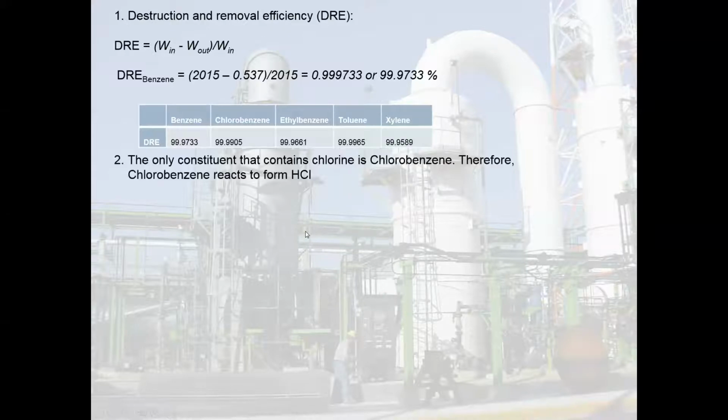Now, to determine how much hydrochloric acid is released, what we want to do is take a look at these chemicals. Just from general information, it will be helpful for you to read in your textbook about some of these interactions. The only constituent that can produce chlorine here is the chlorobenzene.